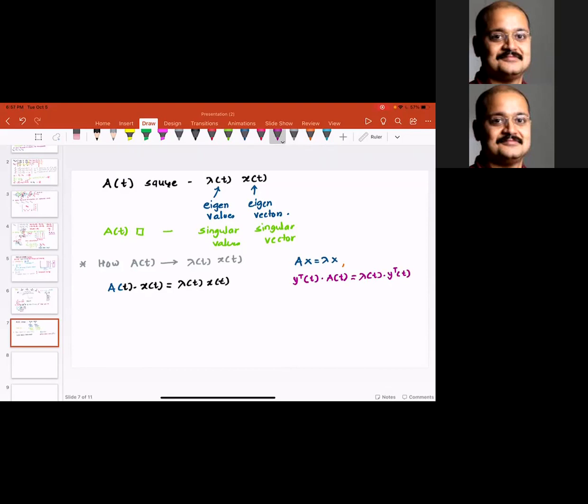This is a super duper important relationship that I want you to understand. And x of t and y of t are two time dependent vectors.